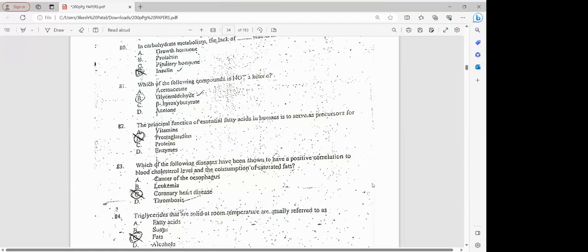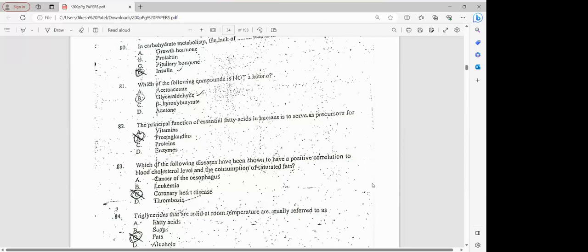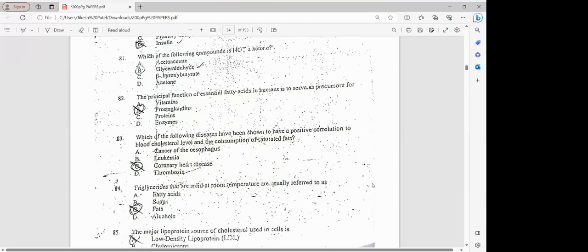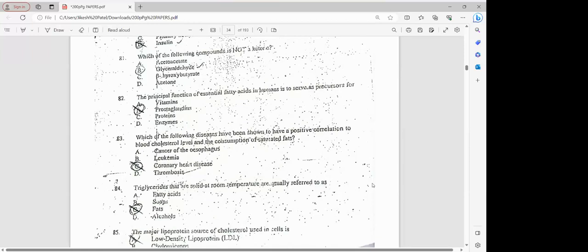The principal function of essential fatty acids in humans is to serve as precursors for. Fatty acids in humans. Proteins are amino acids. Enzymes are also proteins.